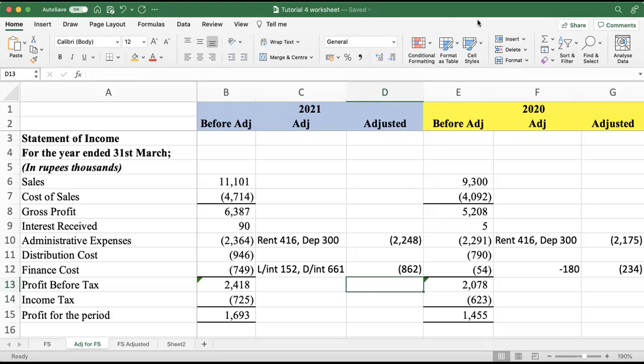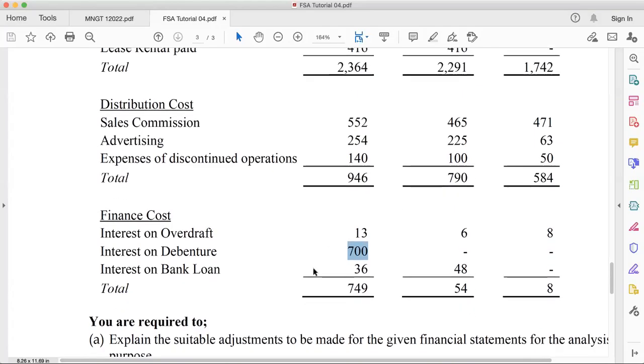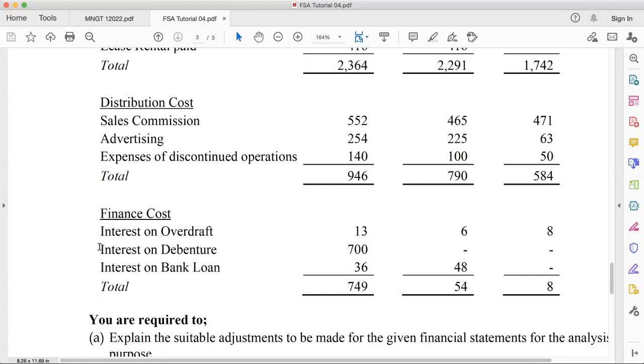So we'll see this again. In the additional information, the company charged debenture interest 700, but the interest that should be charged to profit is 661. So you remove 700 from the accounts and add 661.